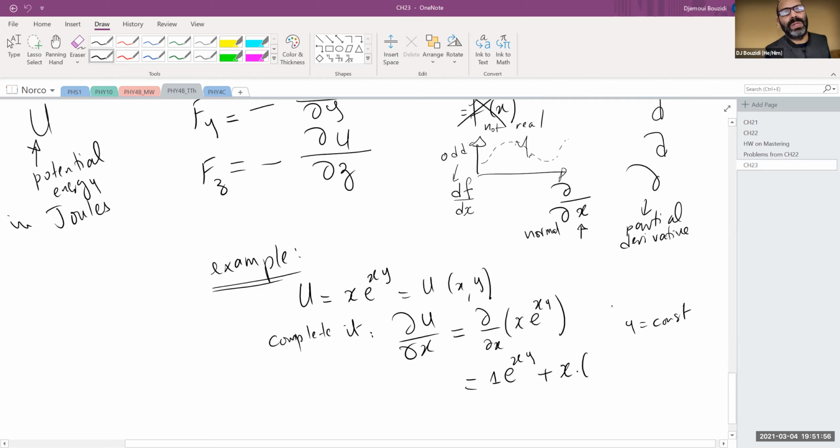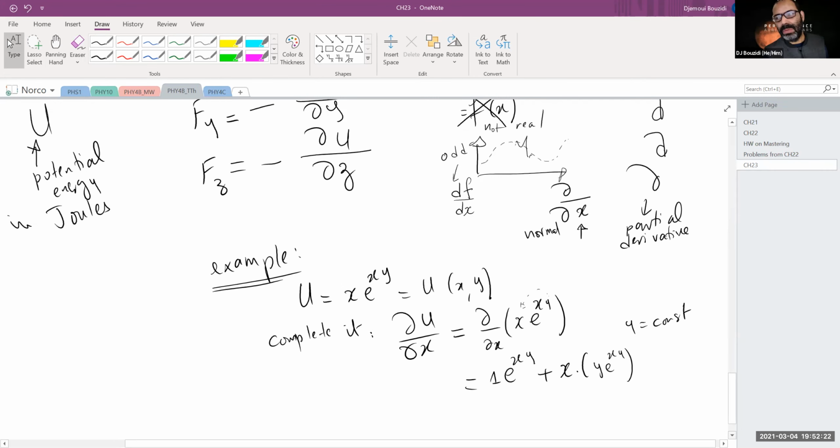What is the derivative of exponential ax? This is calc stuff, guys. We drop this number and we keep the exponential, don't we? So this is y exponential xy. Does this make sense? Yeah, now it's coming back.